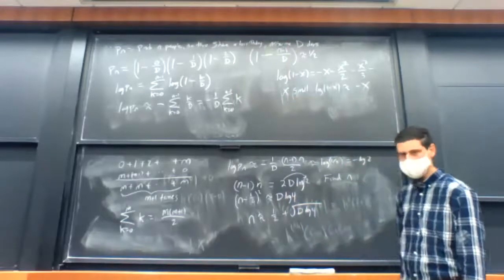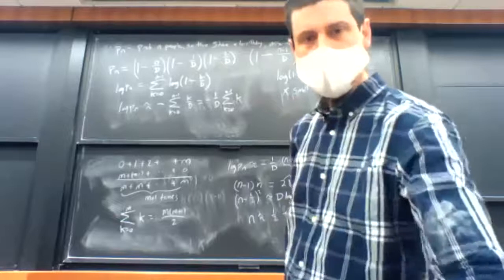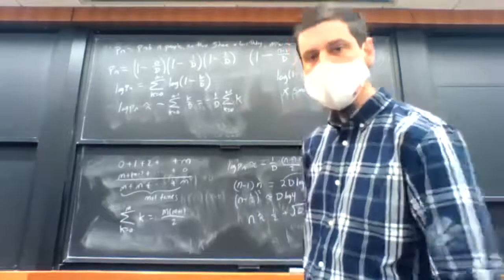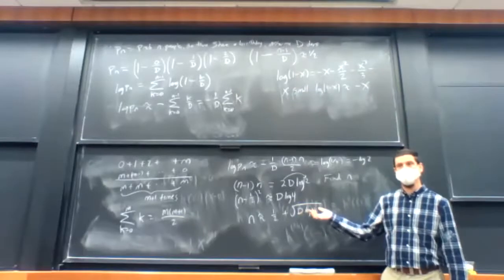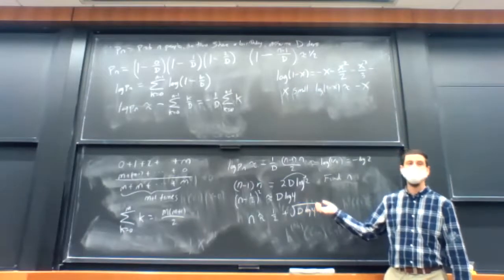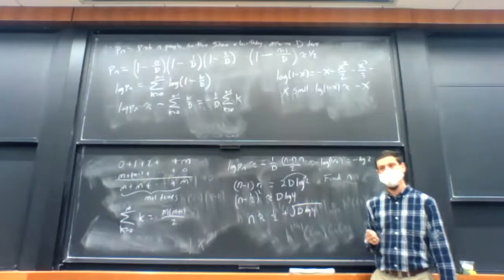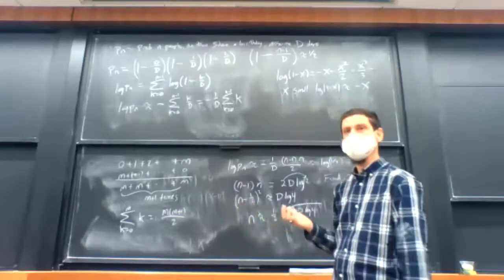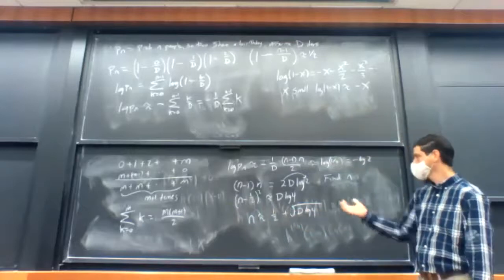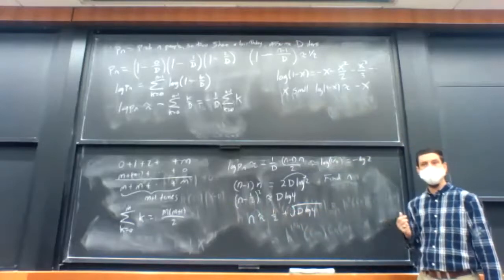What's wonderful about this is that you can see how things change as you change d. It's growing proportional to the square root of d. So if you move to Pluto, with around 90,000 days in the year, then you know it's going to be on the order of the square root of 90,000.